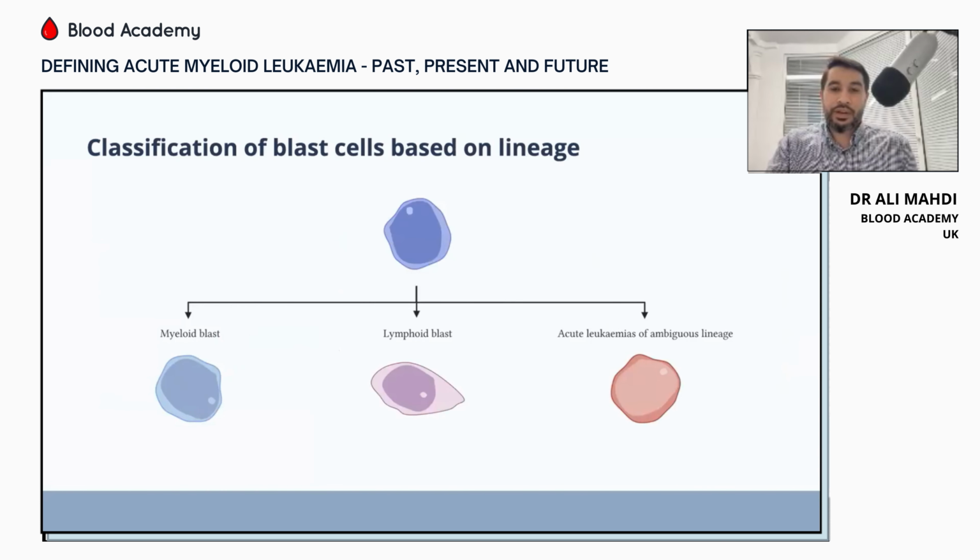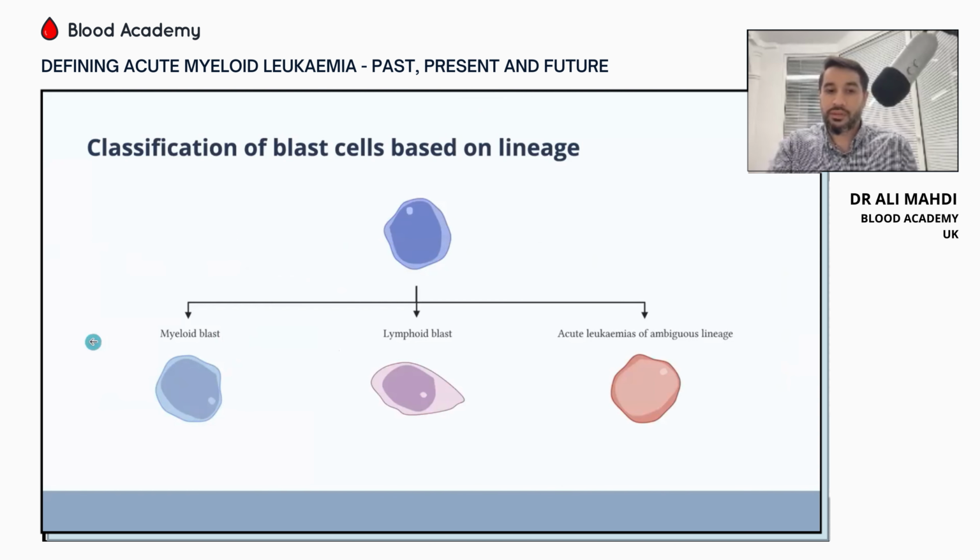Based on the expression of intracellular and cellular proteins and markers, you can distinguish blast cells based on their lineage, going back to the hematopoietic stem cell and the myeloid and lymphoid compartments that we see during differentiation.